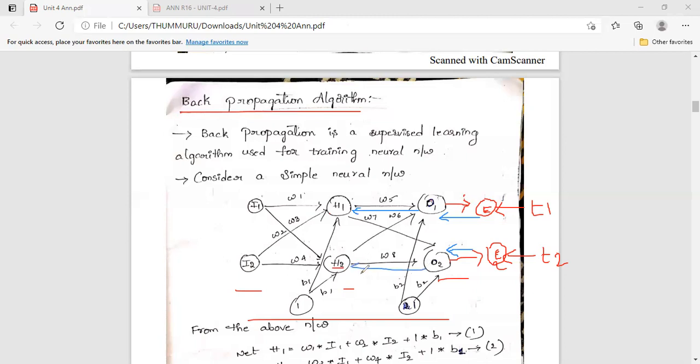Here we are going to update the values of the weights. By changing the weights of this network, we may reduce the error rate of the network, right?